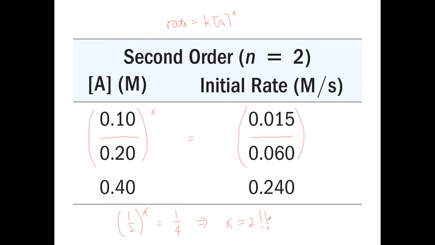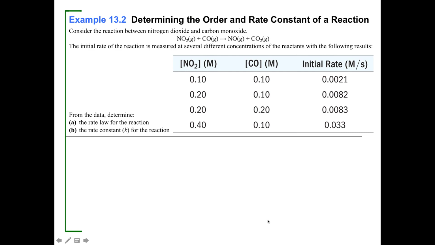reactant. Okay. So I think it's time to do an example. So here's example 13.2. This is on page 527. I'm going to do the same thing here I did before. Rate is equal to k[A]^x[B]^y, right?